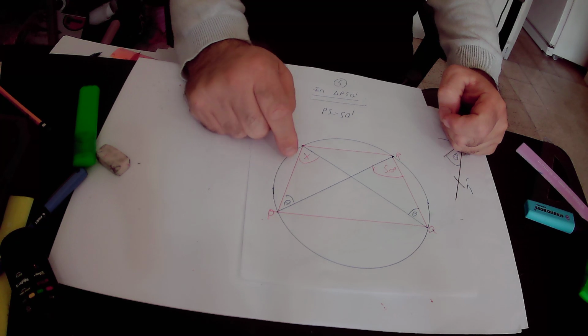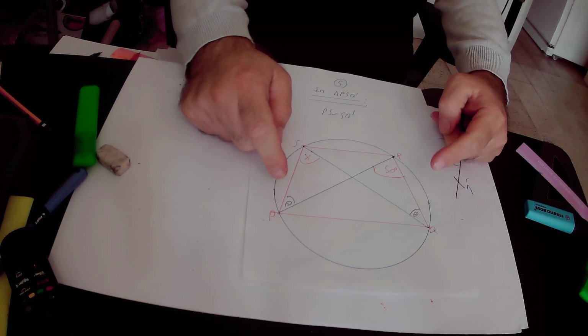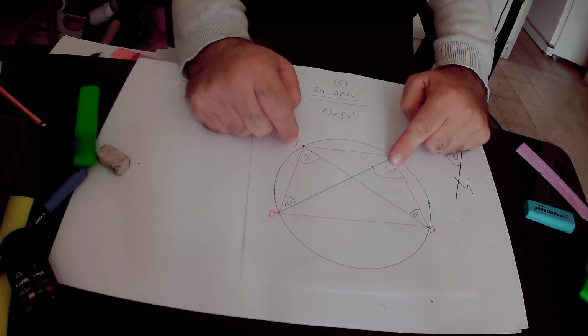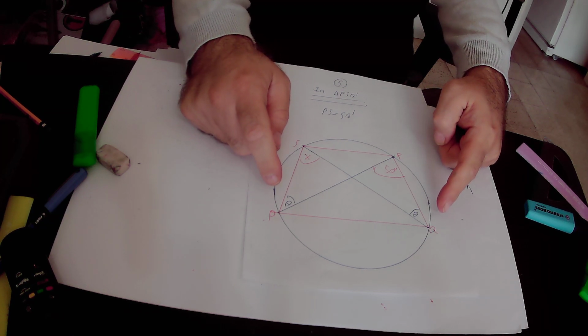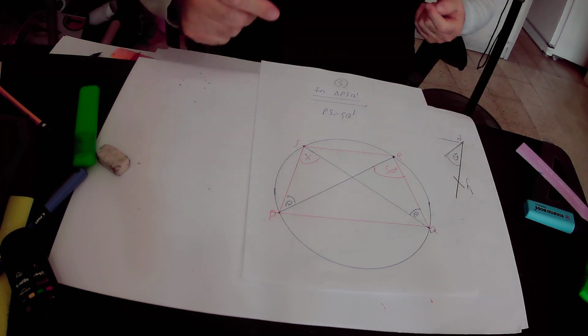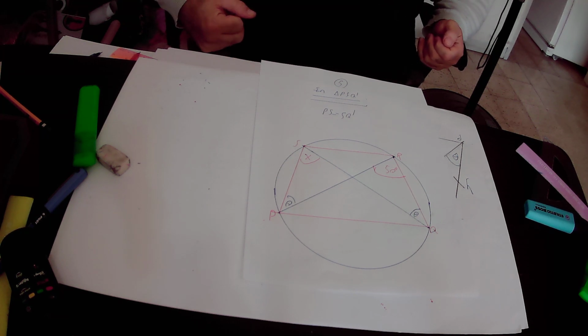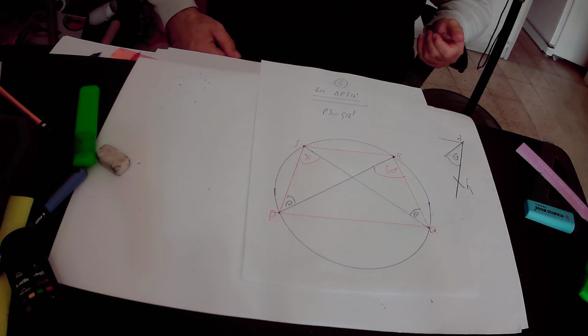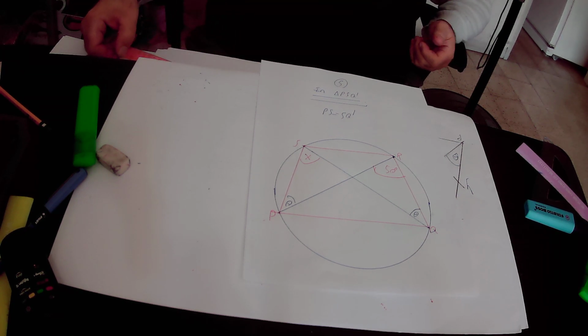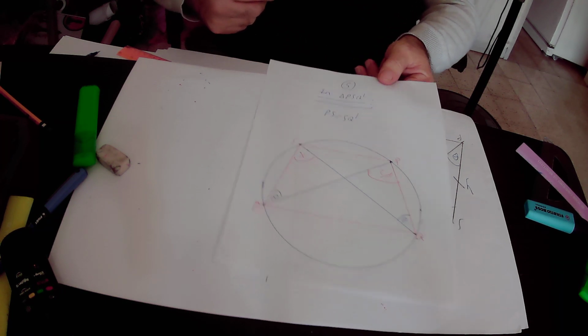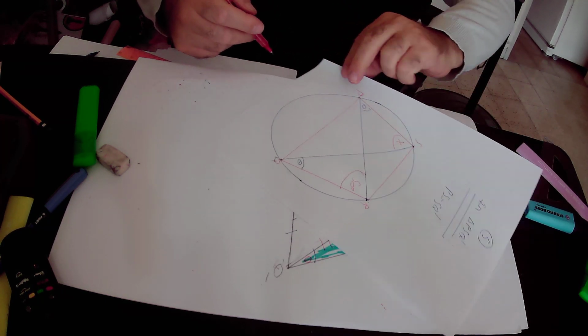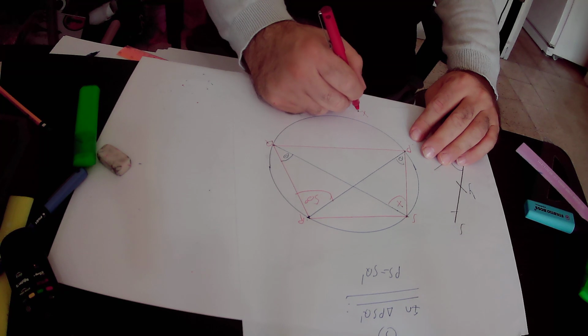Angle X subtends on chord PQ, and this angle that equals 50 degrees subtends on the same chord PQ. Therefore, according to rule number 2, they are equal to each other.